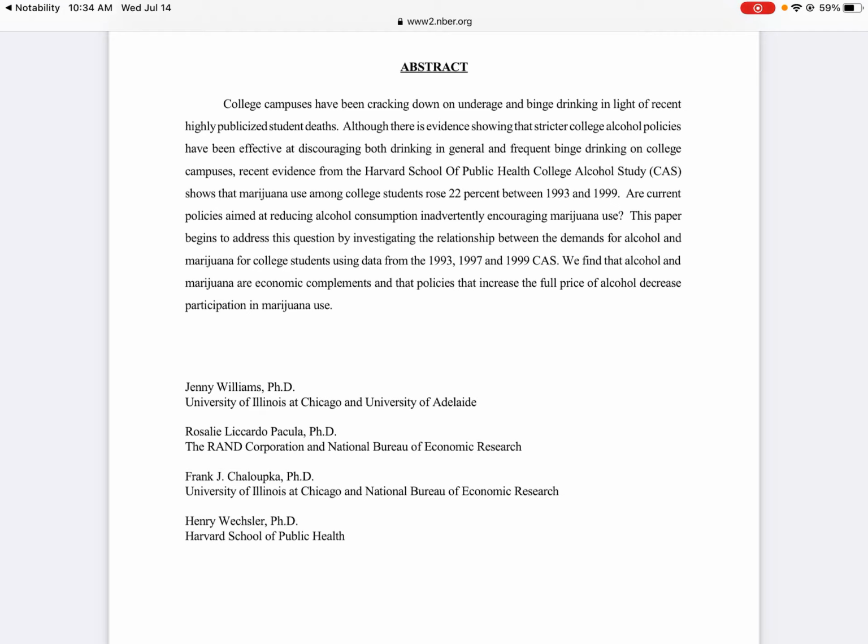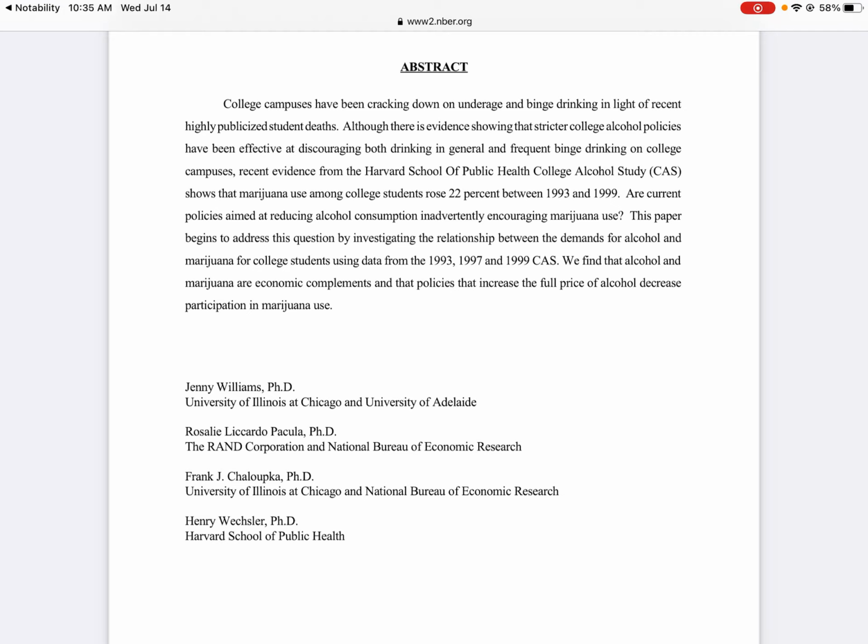These are competent people who are working on this. They get the data, they crunch the numbers, and they look at what happens to marijuana use as schools become stricter about enforcing policies against binge drinking and alcohol. They found that they are complements.